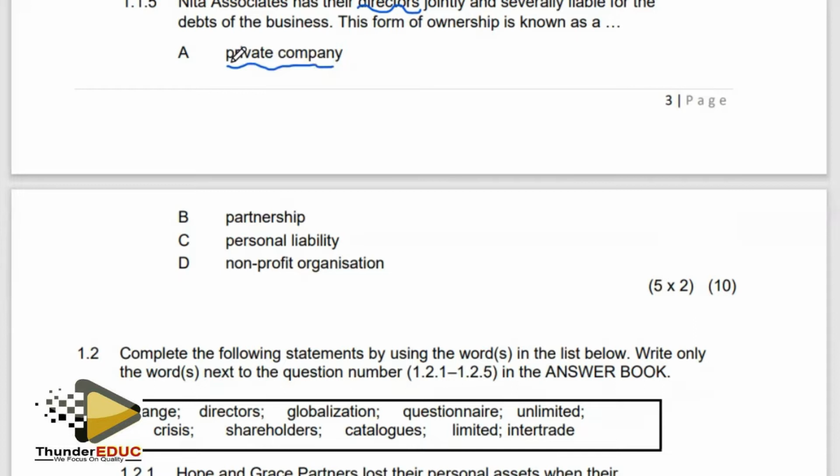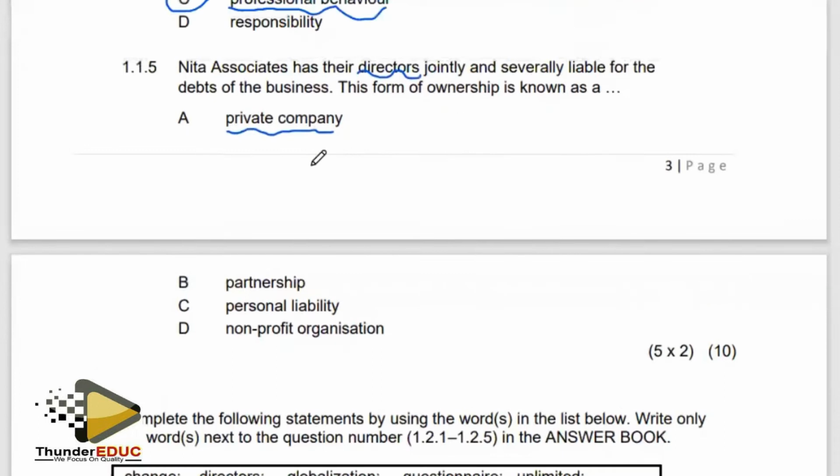That is different from a private company. A private company is managed by a board of directors who are given the mandate by shareholders to run the business on their behalf.